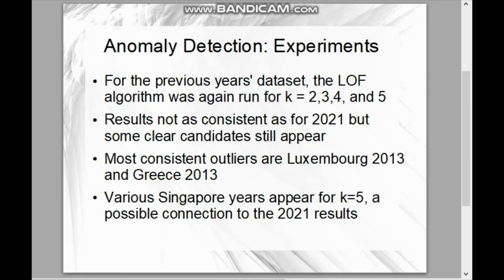Possibly because of the very large size of the data set relative to the previous one, the results weren't quite as consistent. There was more change in the top rankings when I changed the K value, but there were still consistently appearing data points. The most consistent outliers are Luxembourg 2013 and Greece 2013, which both appeared in all tested K values.